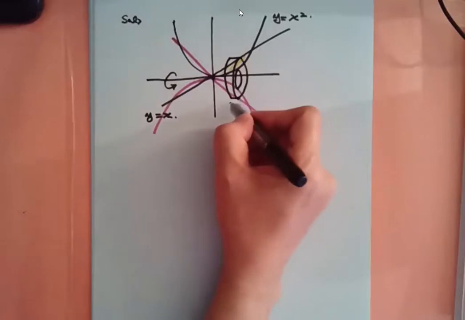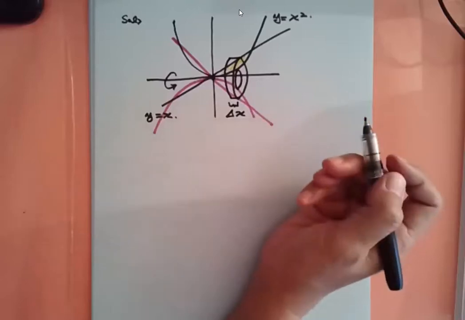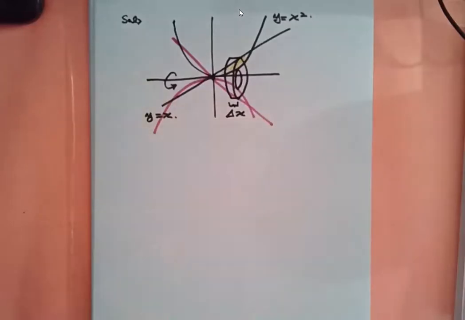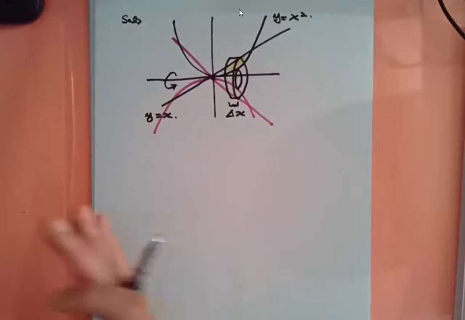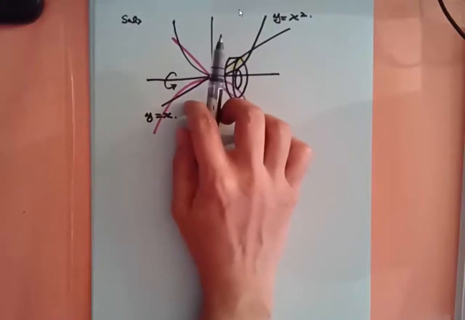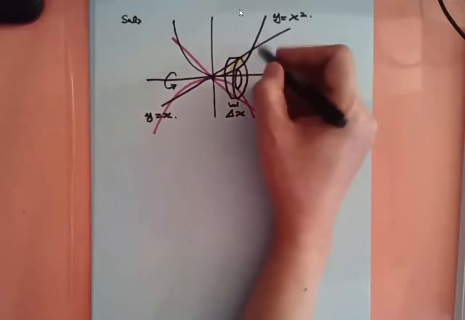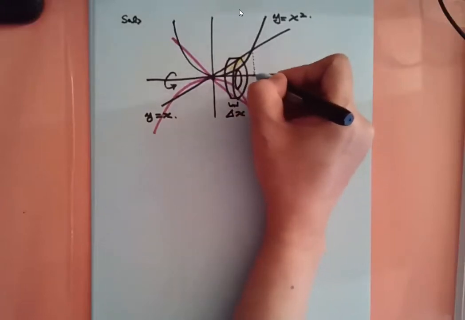Then, obviously, thickness can be described as delta x. When we do this, we have to think about delta x, which means we have to figure out the x value of the two graphs' intersection point.